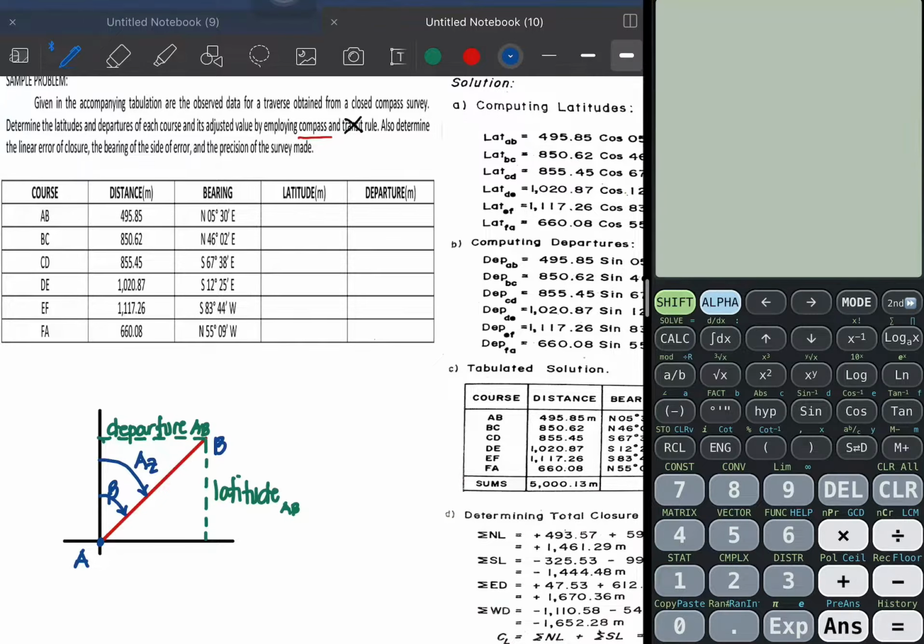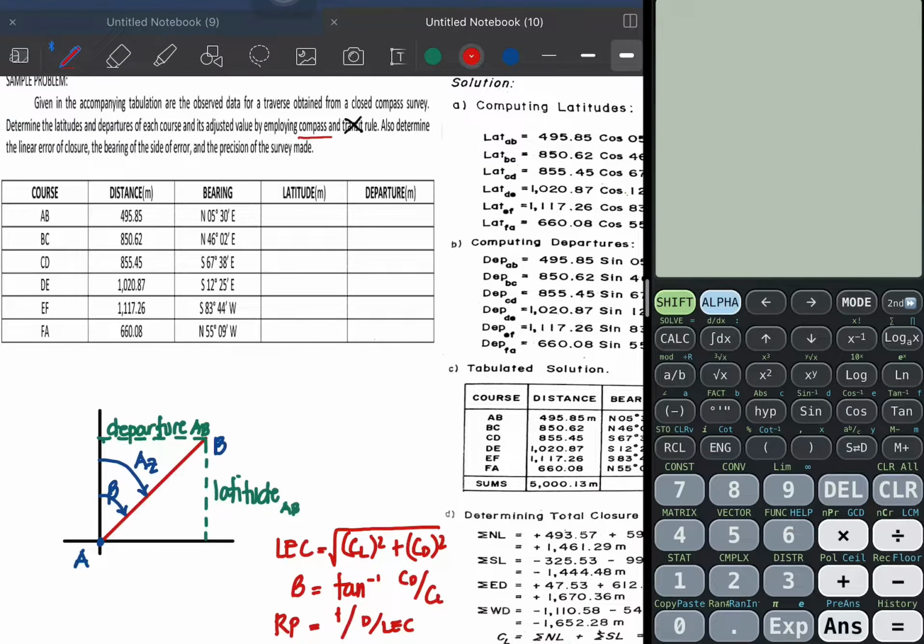For the formulas, you are to solve for the LEC, the square root of CL squared plus CD squared, then the bearing, tangent inverse of CD over CL, and then relative precision, 1 over D over LEC.